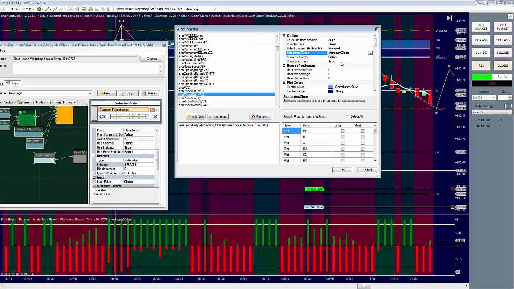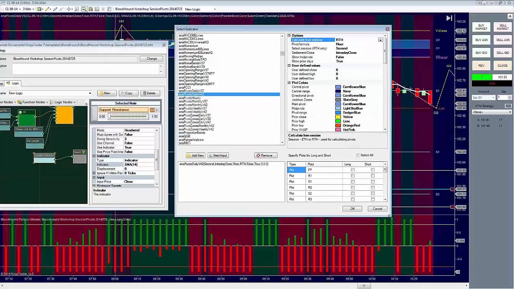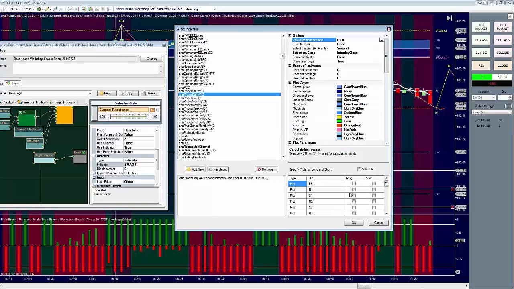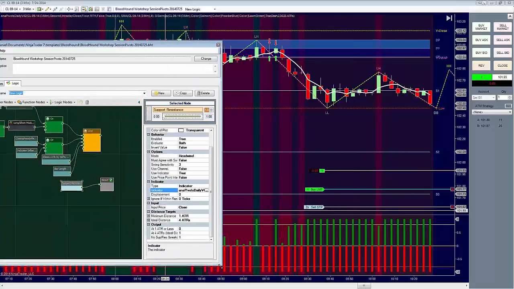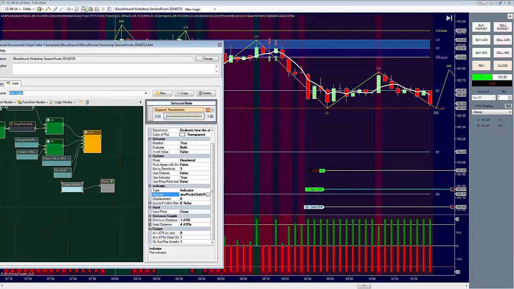Have to use the intraday close in BloodHound, set it to RTH session. Now I could select all of them, right? But let me select one at a time first. So I'm going to select only the pivot point for right now. And then I'll set this to ticks so that it's not as confusing.